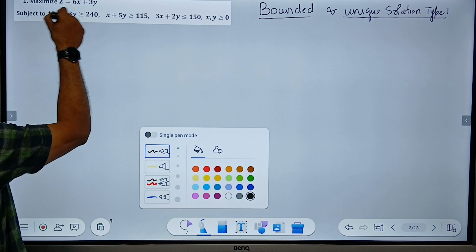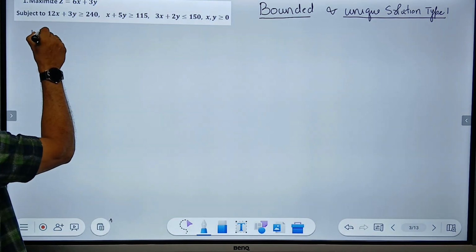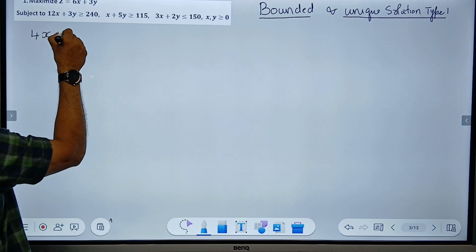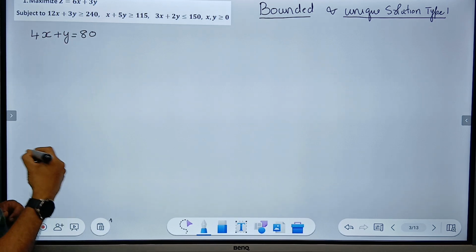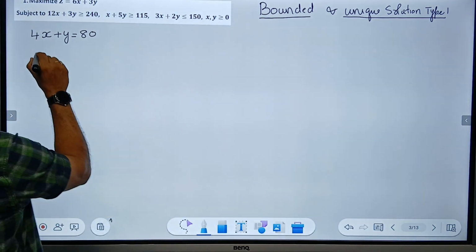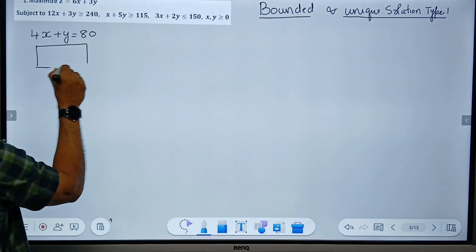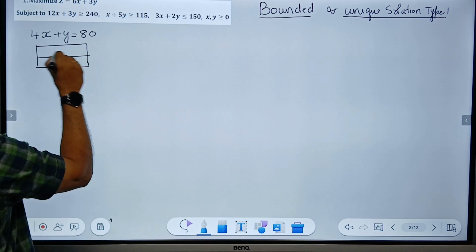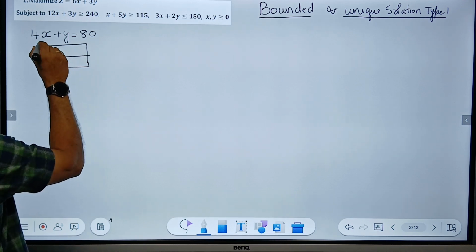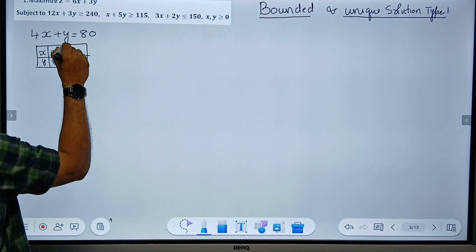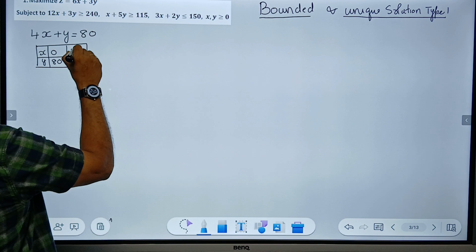So first of all, 3 is common, so I get rid of it. So I get 4x plus y equal to 80. I will take the equality first. Now when I take the equality, as usual, I'll go for this calculation. X is 0, y is 80; y is 0, x is 20, correct?